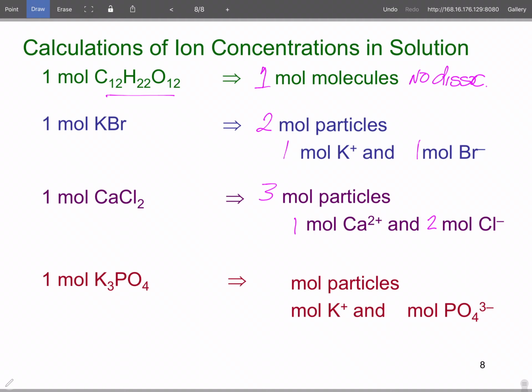So 1 mole of potassium phosphate is going to dissociate into 3 potassium because that 3 is going to come forward, because that indicates a number, whereas the 4 on the oxygen stays with the phosphorus because that's a phosphate, that's an entity, and you know that because it's in the common ion list. So you end up with a total of 4 particles. So what you're looking at here is as things dissociate, you have to worry about the numbers associated with them.